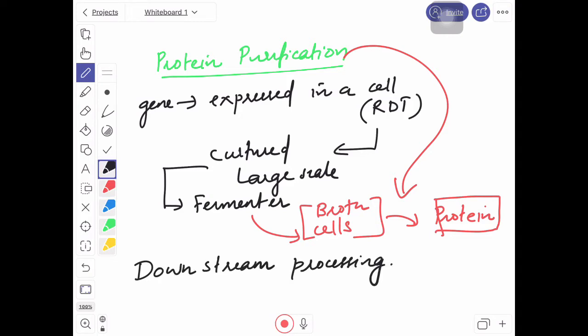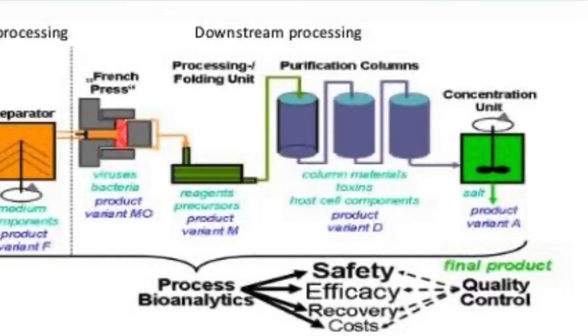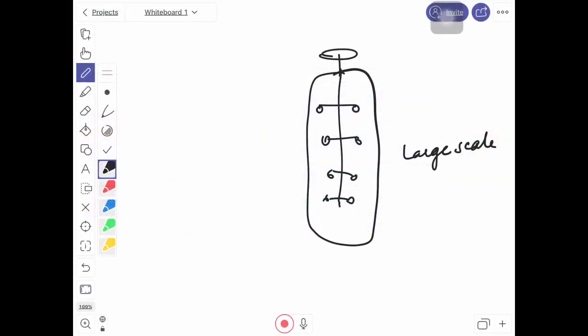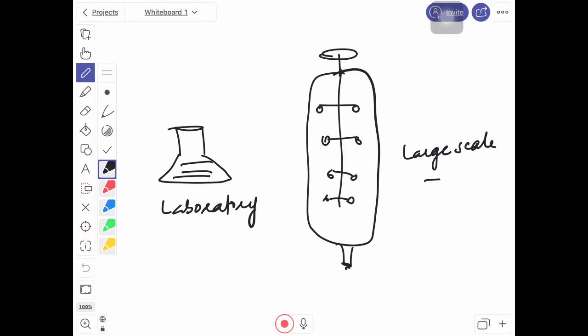We can say that fermenter is an equipment where we culture our cells, large scale fermenter, or it could be a small conical flask in the laboratory where we culture our cells. So laboratory scale and large scale, there are two types of culturing.